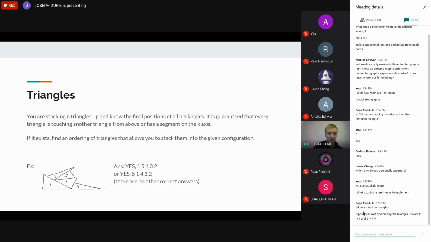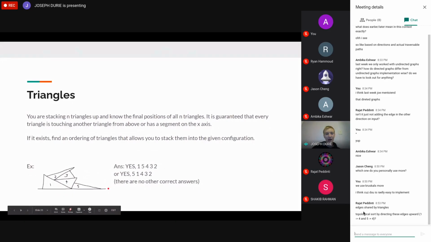The idea is you want to use topological sort, where your edges are directed from triangles to all the triangles that lie on top of them. In this case, we would have an edge from 1 to 2, from 1 to 4, 4 to 3, 3 to 2, and 5 to 4. Anytime you have a triangle lying on top of another one, that would be an edge going upward.